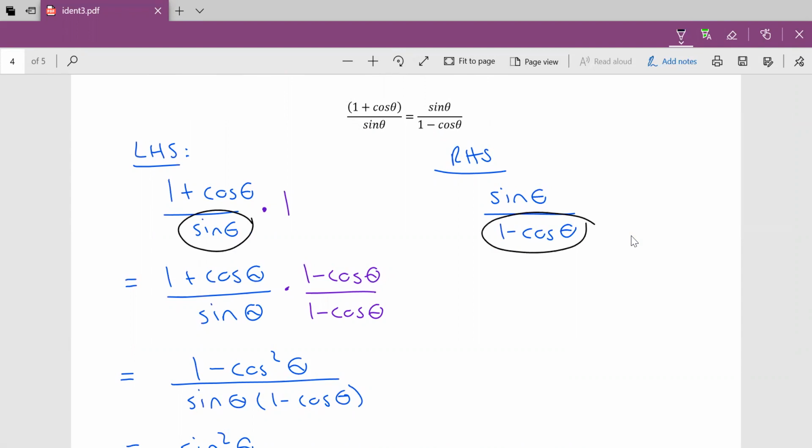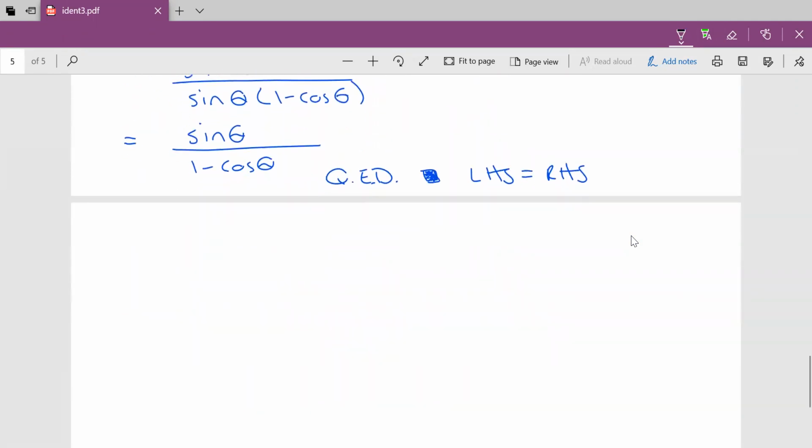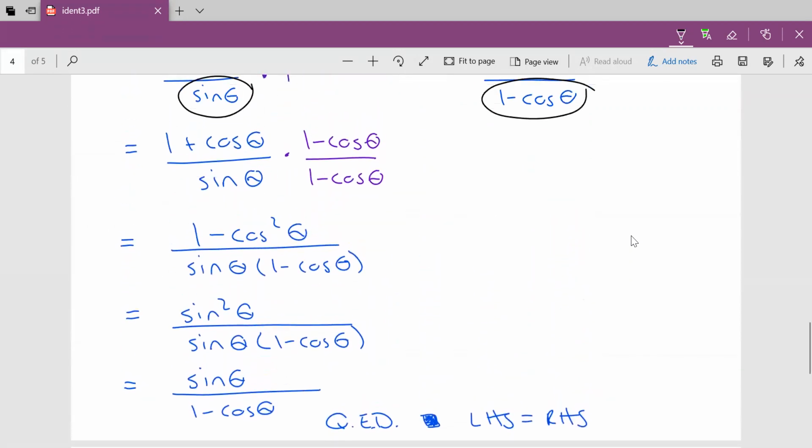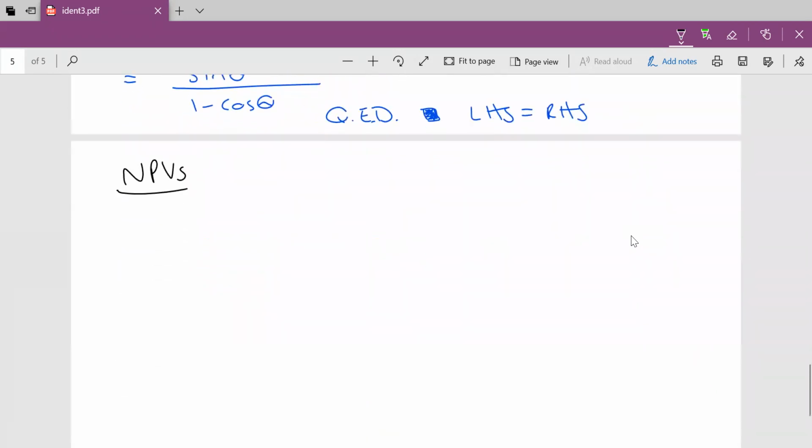Okay, let's scroll to the next page where we need a little more room to do this one. Non-permissible values, NPVs. Well, what did we just say? We had, I don't even remember, as I scroll down, I'm getting old, sine theta can't equal 0. And on the other side of the equation, 1 minus cos theta can't equal 0.